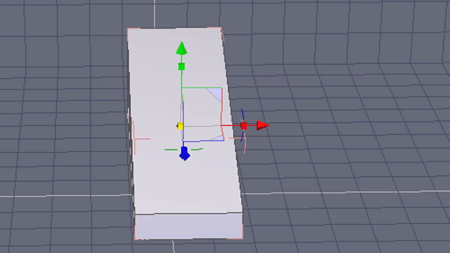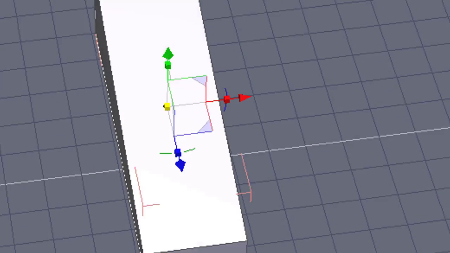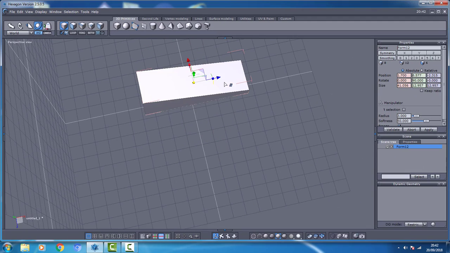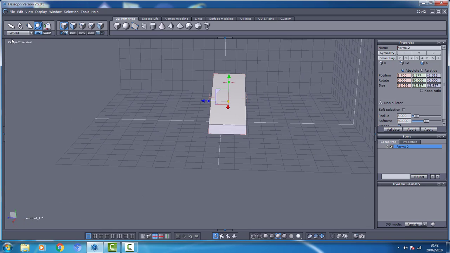The reason why you would need to know that is because sometimes you may accidentally start to model like that, thinking that that's the front, and it is the front of your model, but you're not doing it in the front of 3D world space. How do you know? Because the blue handle should be pointing to the front.